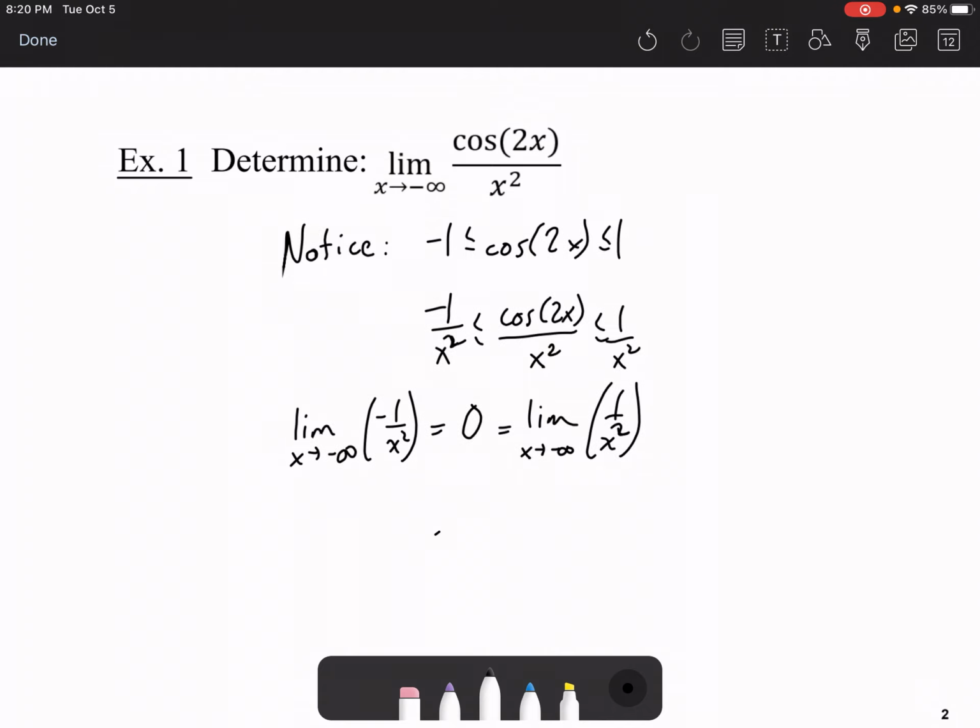So, due to these two limits equaling 0 as x approaches -infinity, the limit as x approaches -infinity of cosine 2x over x squared is also equal to 0 due to the squeeze theorem.